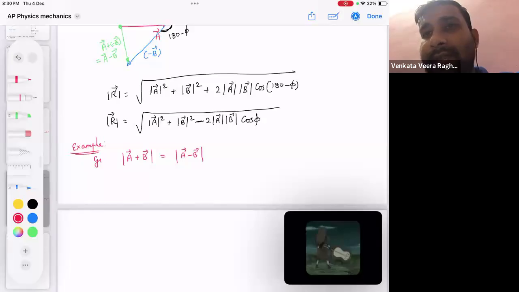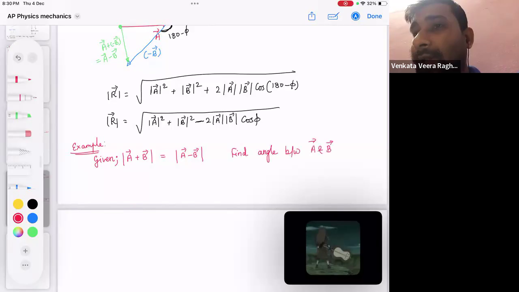In the question, it is given to us that magnitude of A plus B vector is equal to magnitude of A minus B vector. Find the angle between the vectors. Can you answer it? What will it be?